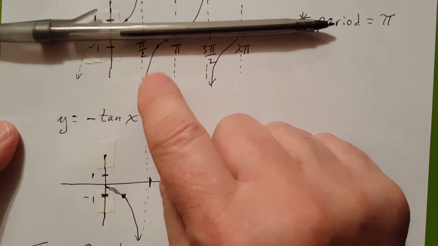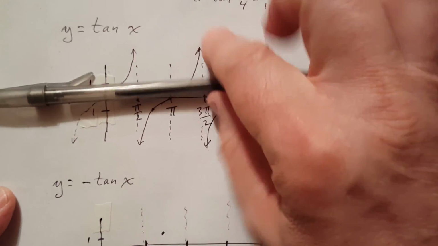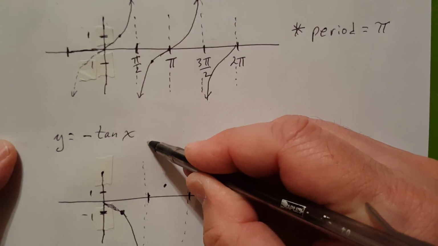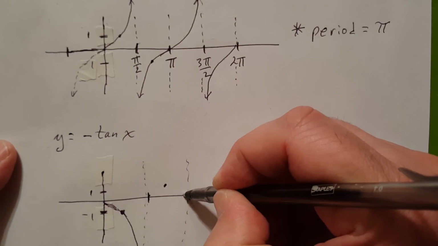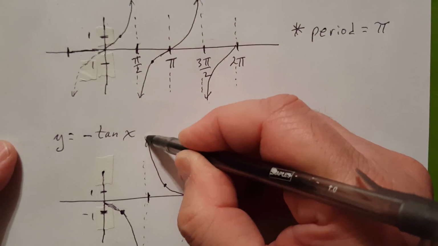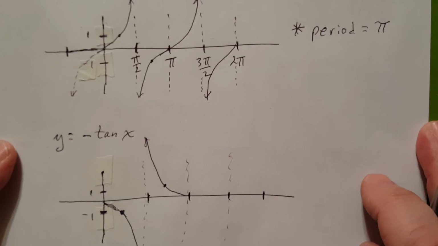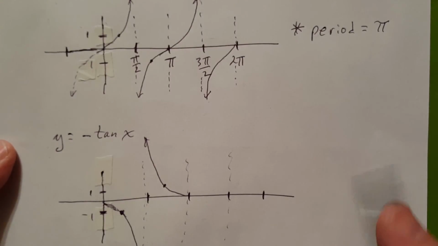So now we're doing this one, so it's going to come down from here, or you can start backwards like this. Come down from here, and that's it. That's 1 period.